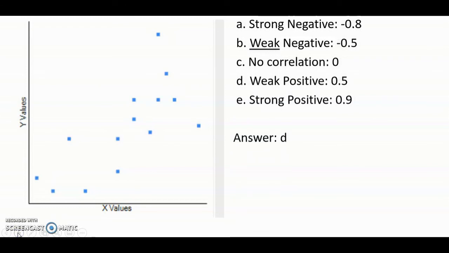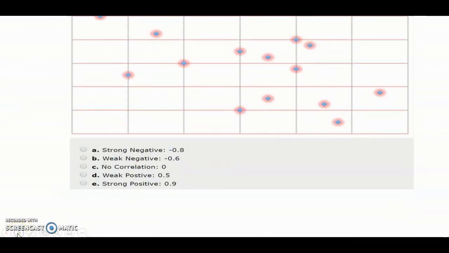Well, the right answer is D. There is a general positive trend, as we can see in the graph. However, the data are all scattered around. So D is the right answer. There is a weak positive correlation. B is the right answer to this practice assignment.